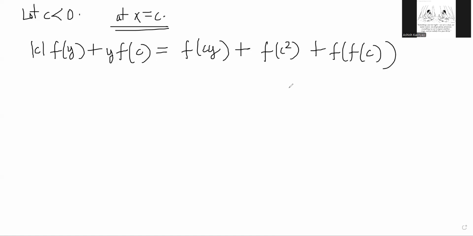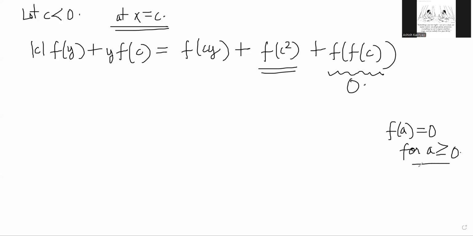Now remember what all we have found out about the function. F of c is always 0 for any real number, right? F of c square, think about it. We proved that f of a is equal to 0 for a greater than equal to 0. So even if c is negative, c square is positive. So this is going to vanish, right? F of cy we don't know because we don't know the value of y.